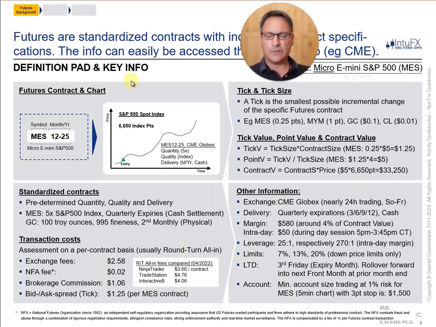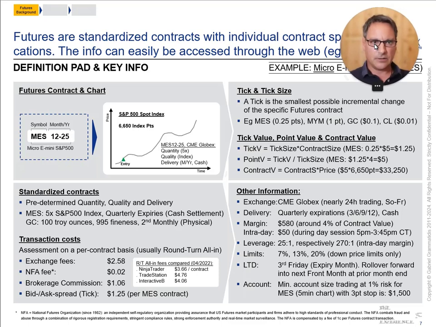This is the definition pad, where it's important to learn these. It goes a bit beyond the scope of this mini course. I just want to quickly talk about the important things here. So let's say this is the Micro E-mini ES 1225 contract.